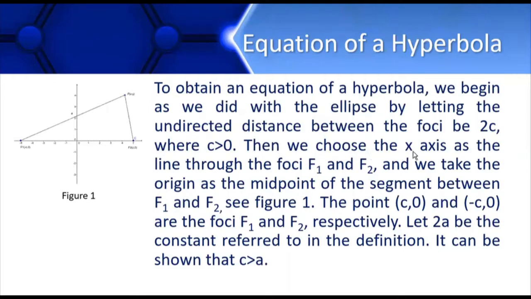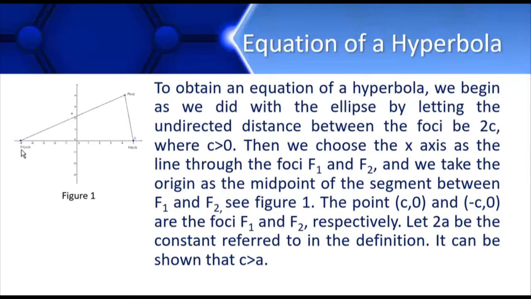Then we choose the x-axis as the line through the foci. So dun sa ating two fixed points, ay meron tayong x-axis that connect or presented in those points. So we have point F1 and point F2. Then yung origin naman ang magiging midpoint nung dalawang point na yon, F1 and F2.